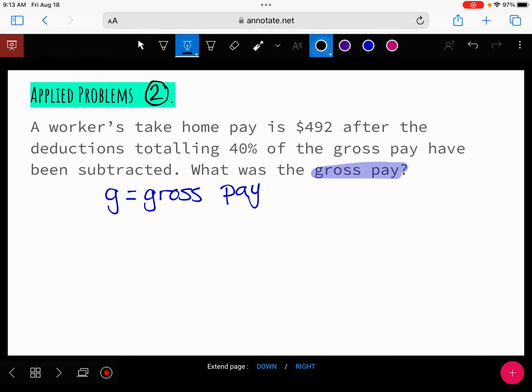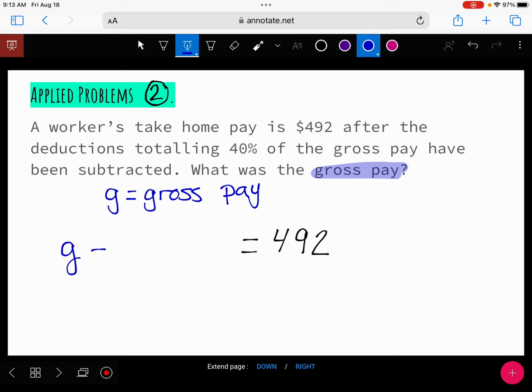Yeah, we know this is going to equal 492. That's what they tell us. Whatever's happening to the gross pay, it equals 492. We have our gross pay, and then we're taking deductions, which means what operation are we going to use? Subtraction.